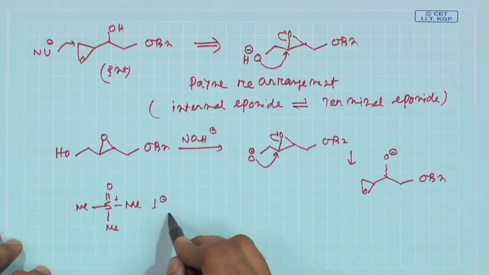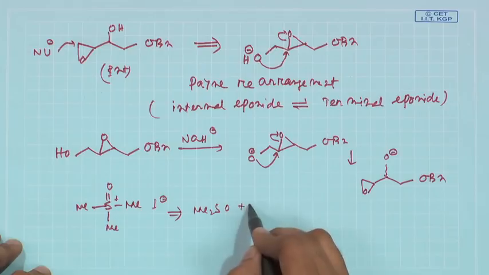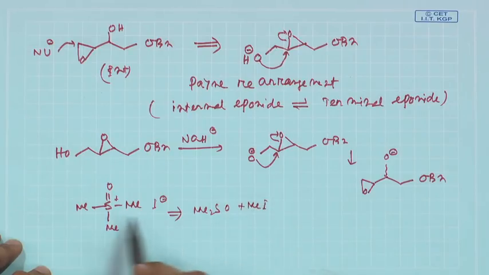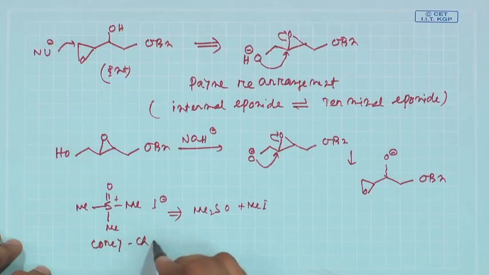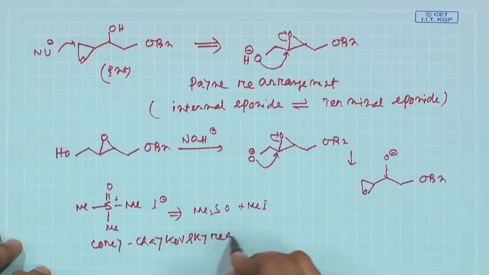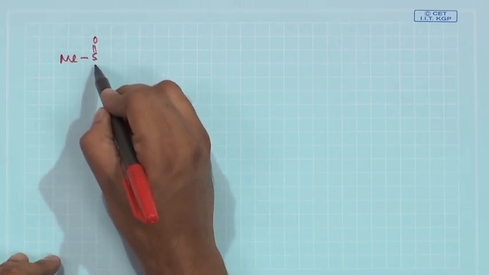Basically, it is generated from dimethyl sulfoxide when you reflux it with methyl iodide. We use a similar compound, trimethylsulfonium iodide, in the Corey-Chaykovsky reaction. Now, we will use this compound as the external nucleophile.